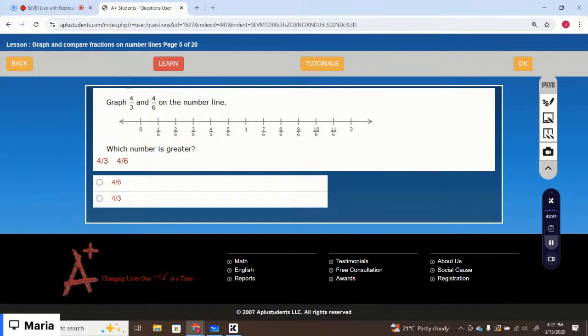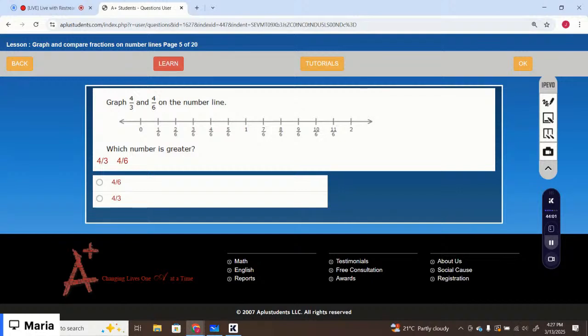Graph 4/3 and 4/6 on the number line. Which number is greater? Which is the correct option? 4/3 is greater.